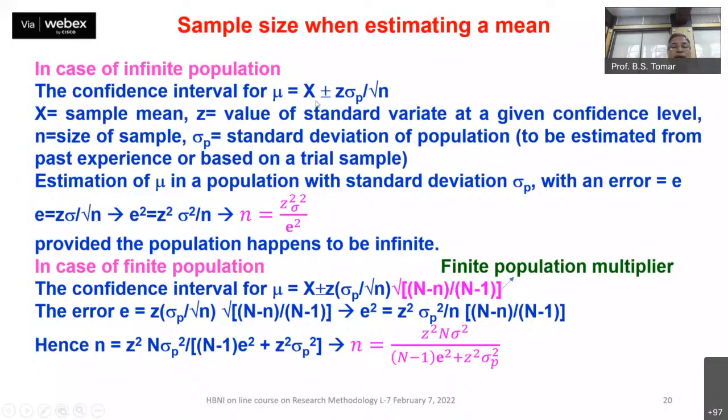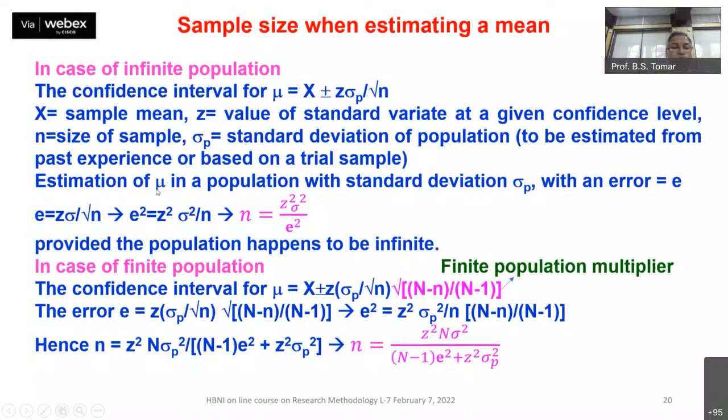So mu will be X plus minus Z sigma_P by root N, where sigma_P is the population standard deviation, Z is the value of the standard variate at a given confidence level, and N is the size of the sample. Sigma_P you have to estimate based on experience or some trial sample.